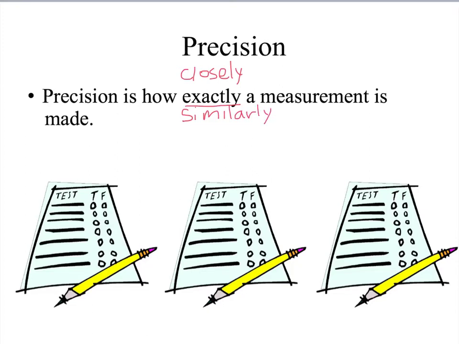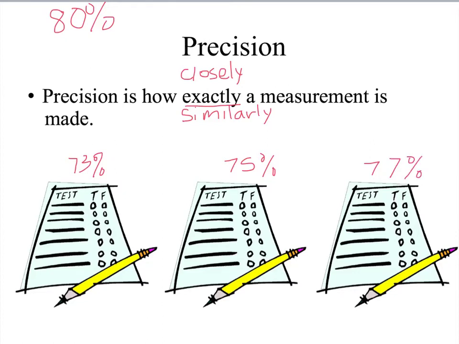So we have the same test where our goal was 80%. But now we've taken 3 tests. Maybe it happens over several weeks. Maybe this is a class, and your goal was 80% for the class. So on the first test, you get 73%. On the second test, you get 75%. And on the third test, you get 77%. So these are all pretty close.